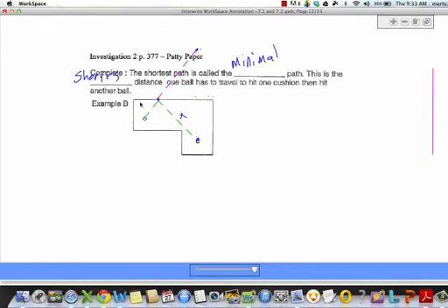What if you wanted to get fancy and bounce it off of 2 rails? Then 2 rails requires 2 reflections. So again, I start at the ending, and I'm going to reflect it over this line right here.